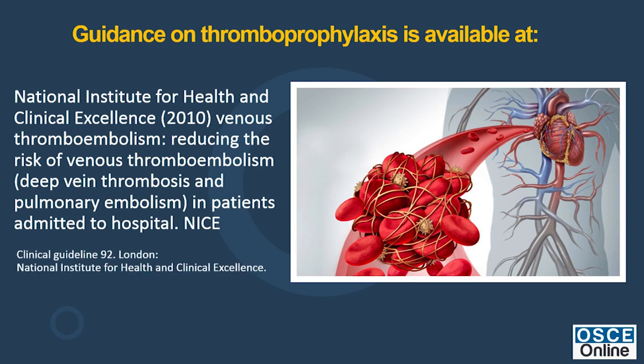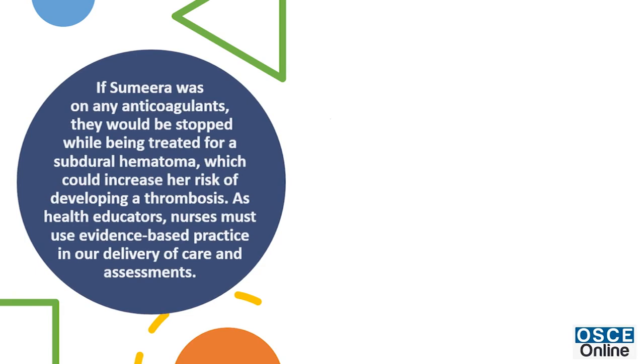NICE Clinical Guideline 92, London, National Institute for Health and Clinical Excellence. If Sumira was on any anticoagulants, they would be stopped while being treated for a subdural hematoma, which could increase her risk of developing a thrombosis.